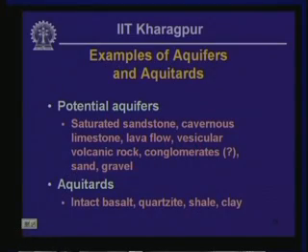Some examples of aquifers and aquitards, as we are just elaborating on the concept that we introduced in the preceding slide. Saturated sandstone, which is relatively poorly compacted, cavernous limestone, which has got solution cavities and channels, lava flow, vesicular volcanic rock, some conglomerates which are poorly compacted, and sand and gravel, unlithified sand and gravel.